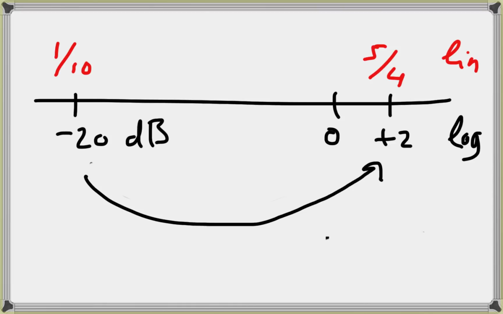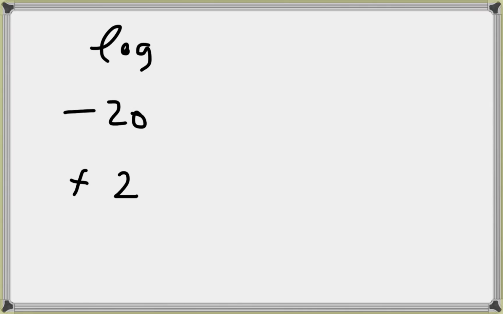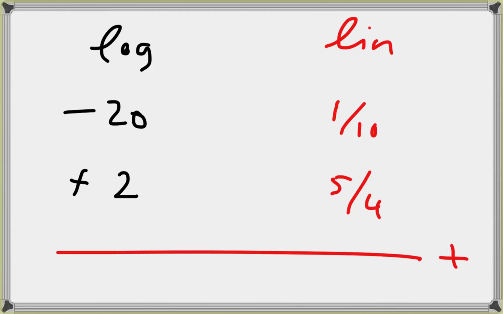This is what I want to know. On a logarithmic scale, I want to add minus 20 and plus 2. However, on a linear scale, these decibel values are represented by 1/10 and 5/4. And on a linear scale, I can very much add and subtract. That means I want to know what happens if I add 1/10 and 5/4.